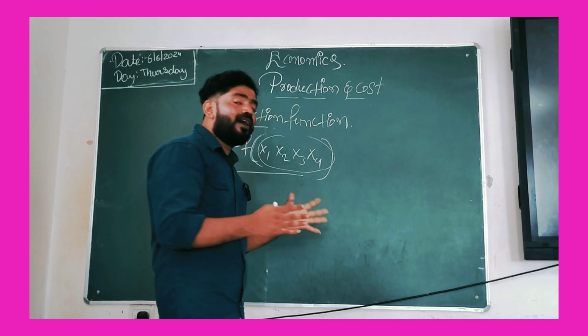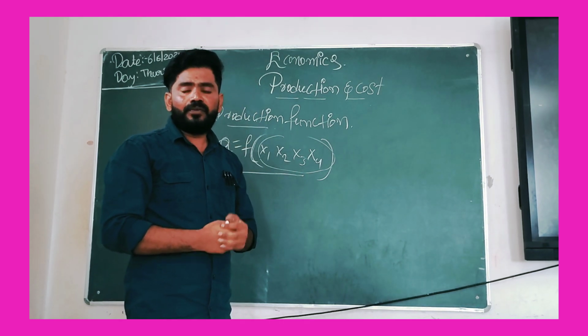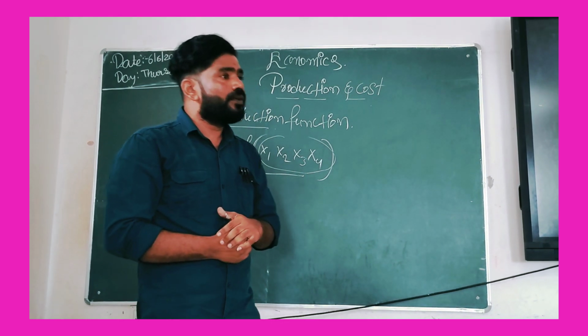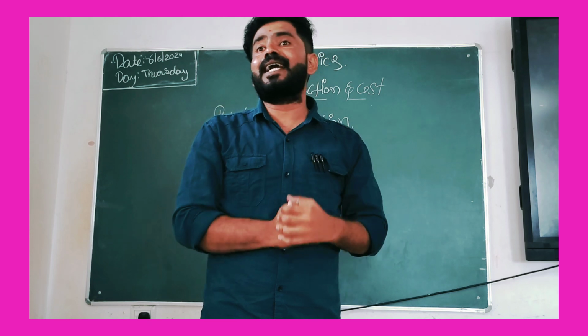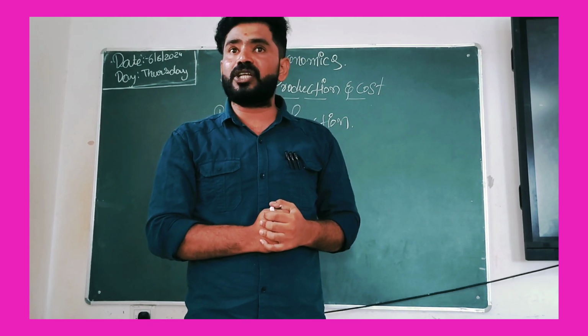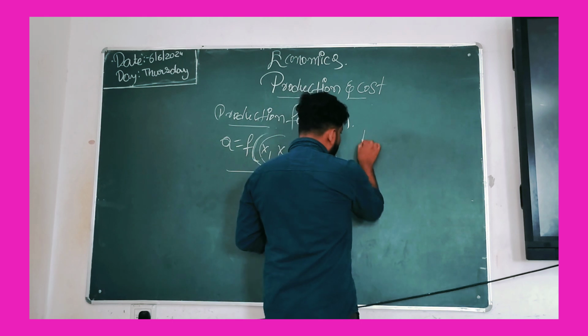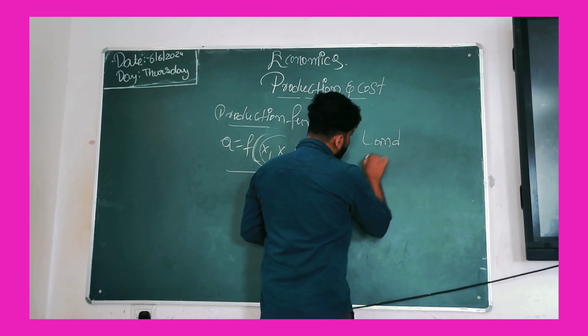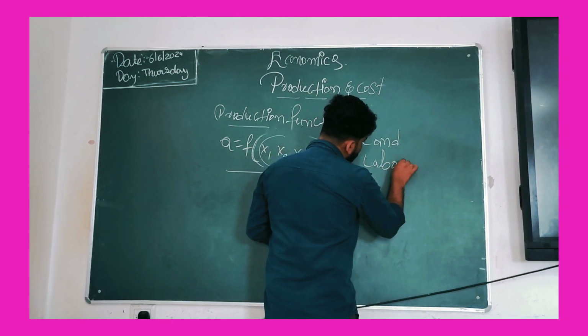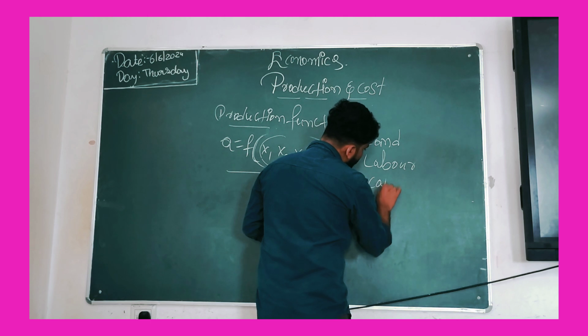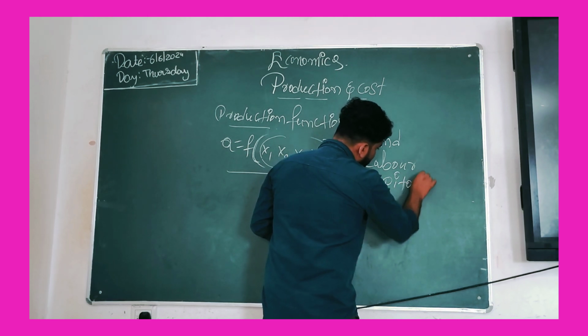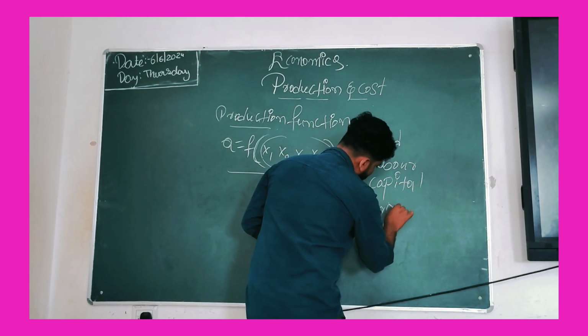In the previous class, we understood the factors of production. There are 4 factors of production: first land, labor, capital and organization.